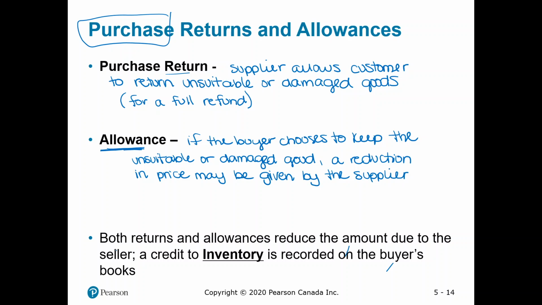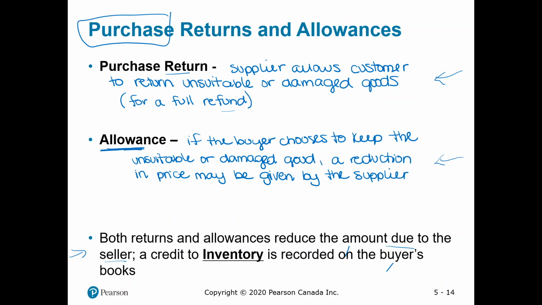So both returns and allowances, as it says at the bottom here, reduce the amount that is due to the seller. If you return something, you're not going to have to pay for it. You get a refund. Or if you get this allowance, a reduction in price, again, it decreases the amount that's due, assuming these are purchased on account.